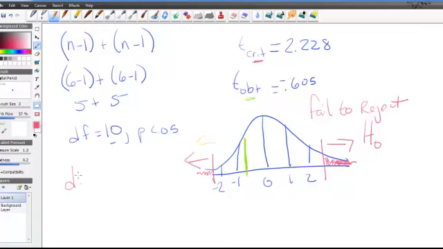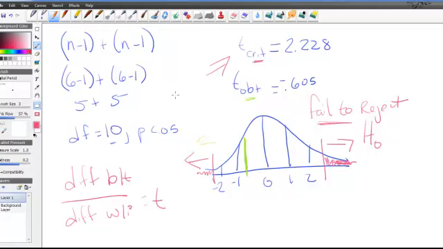You're going to do the difference between groups over the difference within groups. That gives you a t statistic that you then compare to a t critical based on your degrees of freedom and see if it's in the rejection region. If it is, you can reject. If it is not, you fail to reject, which we did here in this example.